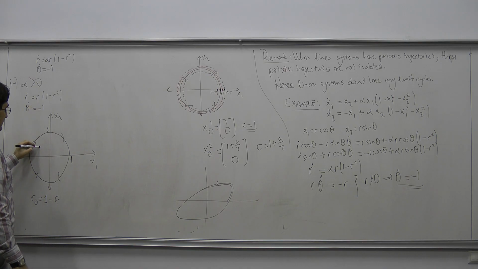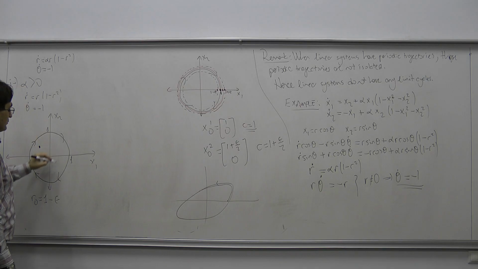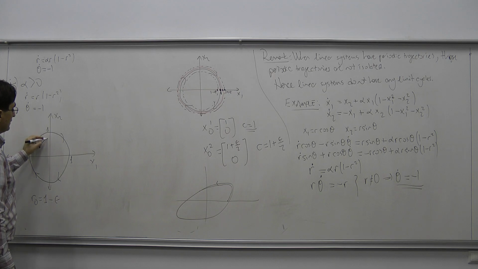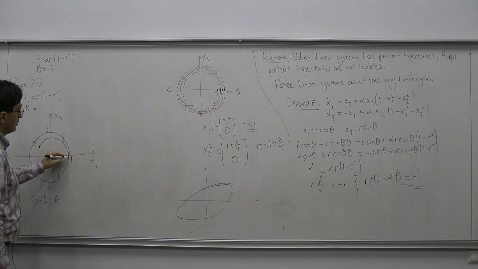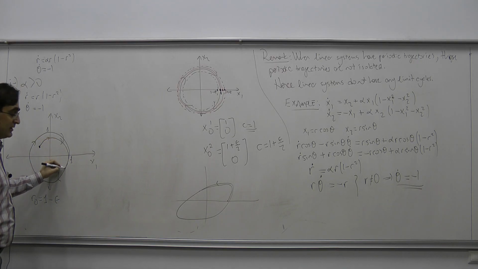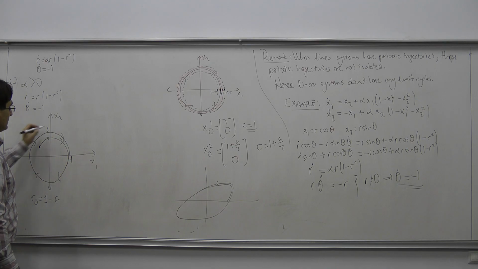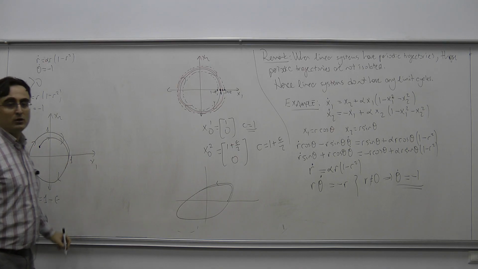So what this means is that as soon as I start the system here, the rotation is going to continue, but since r dot is positive, r is going to get larger and larger. Okay? So we are going to approach the original periodic trajectory. r is going to reach the value 1 at some time, and then the periodic oscillation is going to continue.